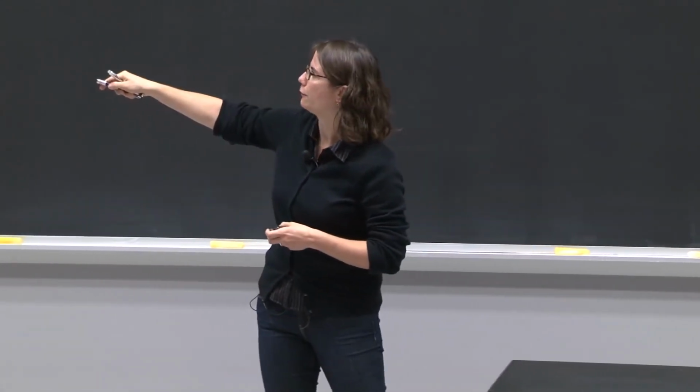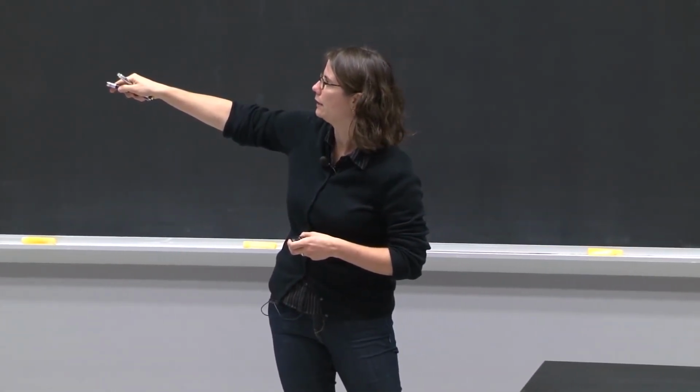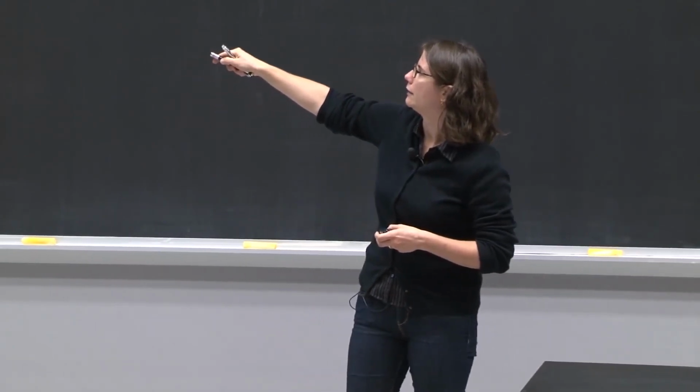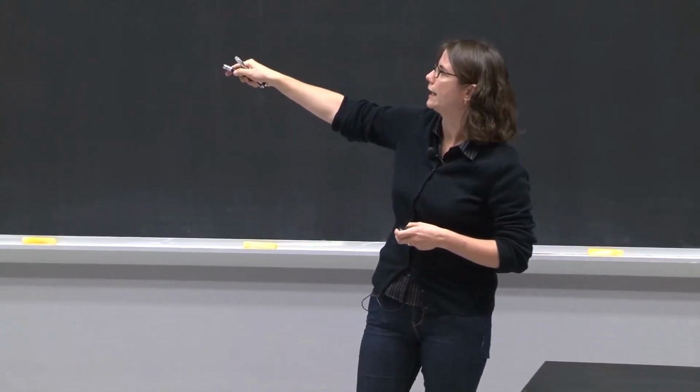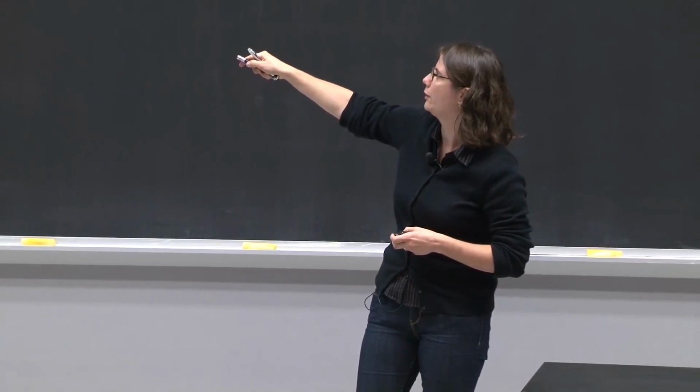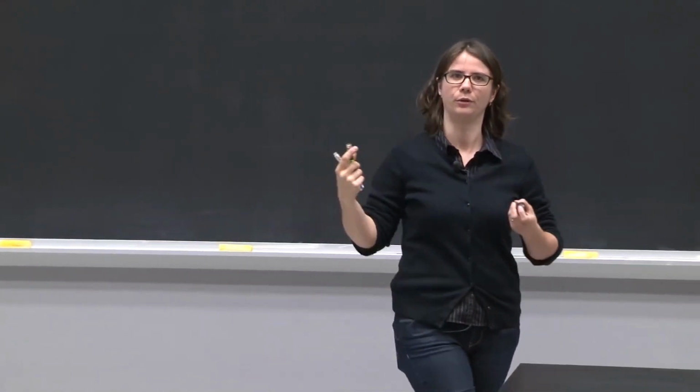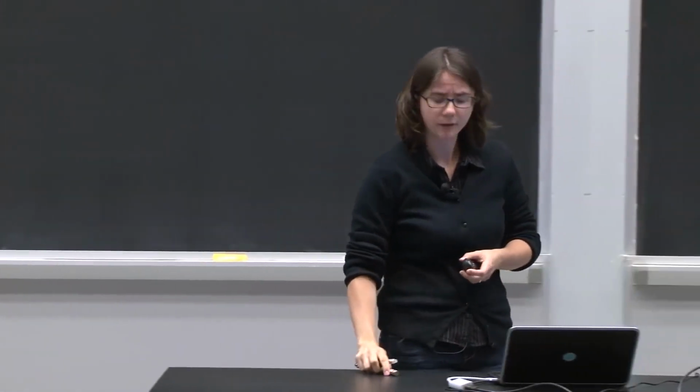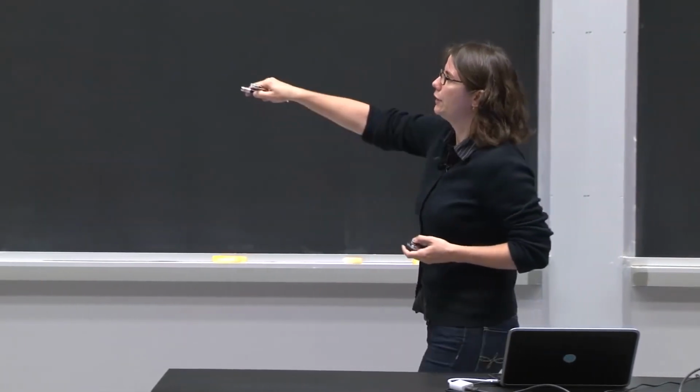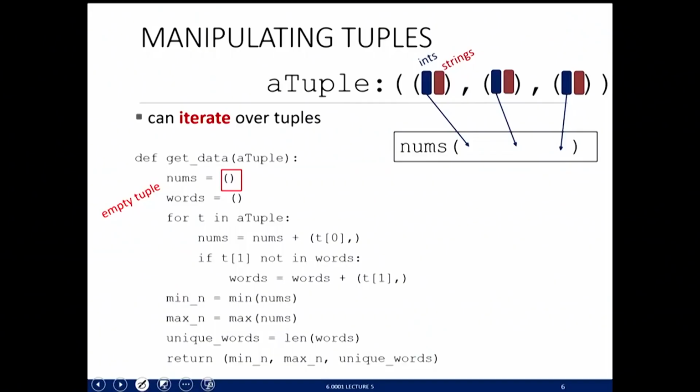Okay? So first time through the loop, t here is going to be this first tuple. The second time through the loop, t is going to be this tuple, and the third time it's going to be this exact tuple object. Okay? So each time through the loop, I'm going to have this nums tuple that I keep adding to, and each time I'm going to create a new object and reassign it to this variable nums.